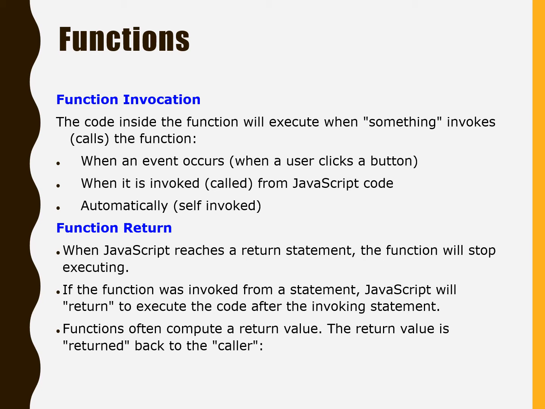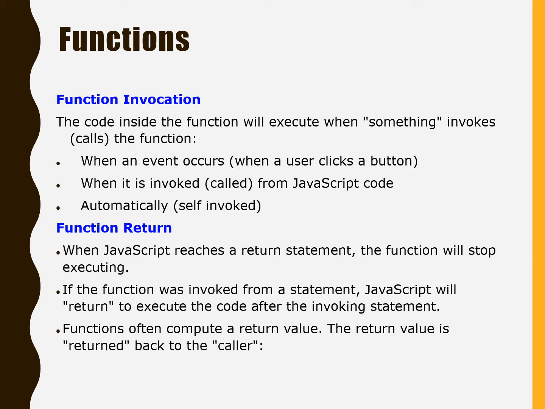So whenever a call to the function happens, only then will the statements in the corresponding function execute. Now we can see how the function call happens. The function call can happen in different ways. There are some ways listed in this slide.